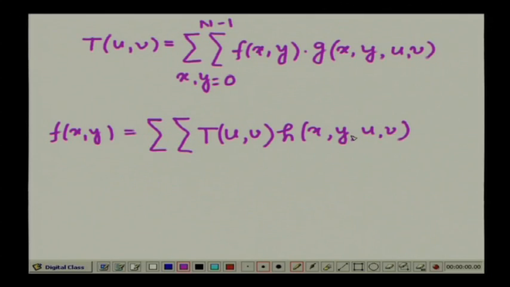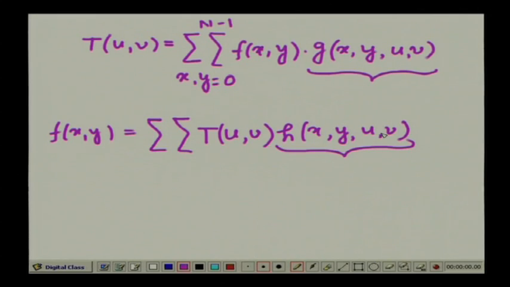Again we have the transform coefficients T(u,v) times h(x,y,u,v), where g(x,y,u,v) is called the forward transformation kernel, and h(x,y,u,v) is called the inverse transformation kernel or the basis functions.